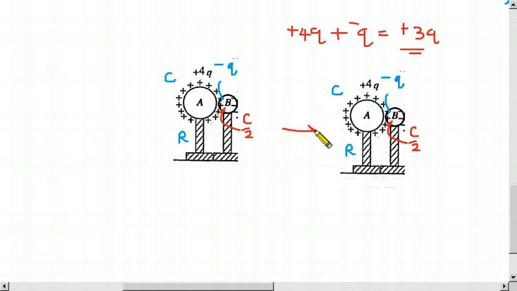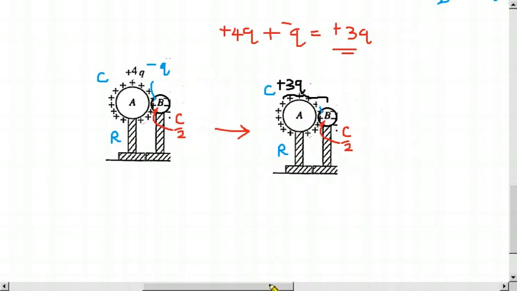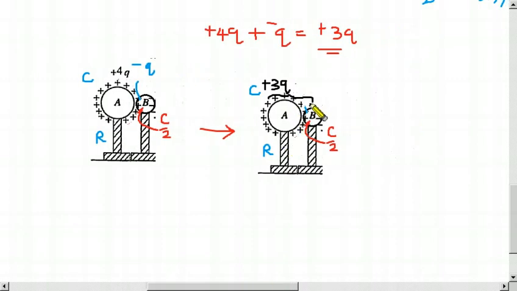So this one now changes like this. How does this 4q become 3q? Because 1q cancels due to neutralization with this minus q. So minus q disappears, and from here plus q disappears, and finally the remaining charge is 3q for both spheres in the system. Now we have only 3q for these two spheres.